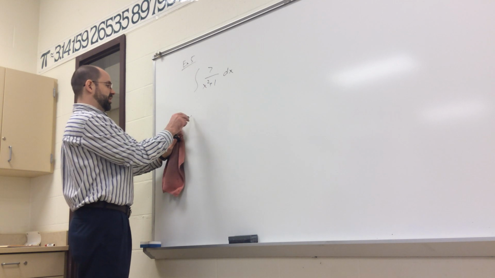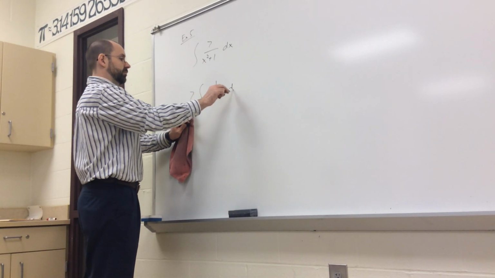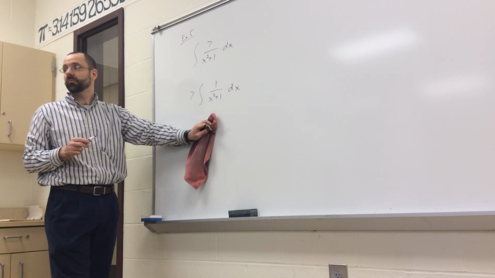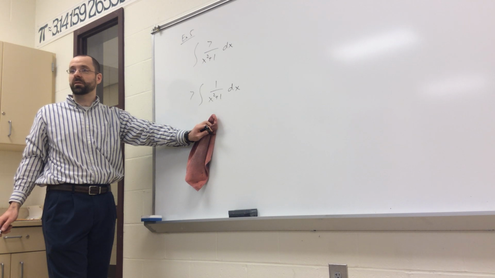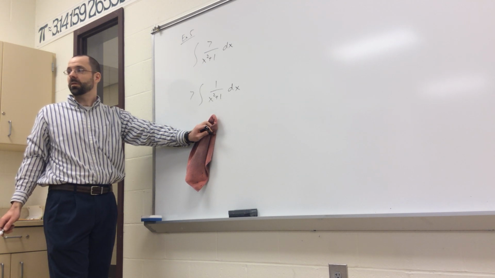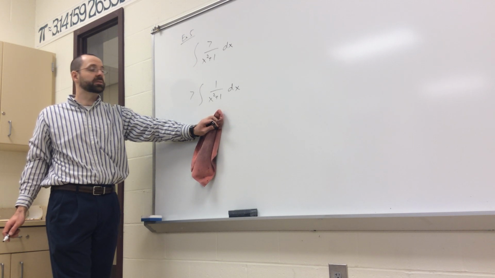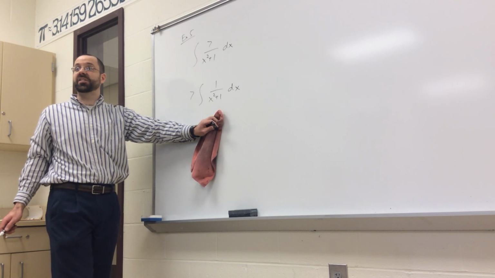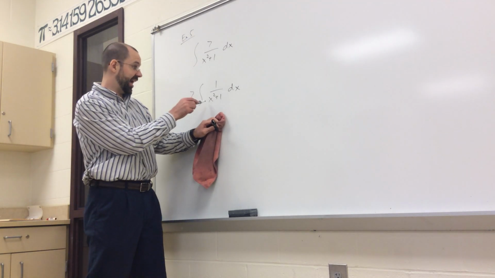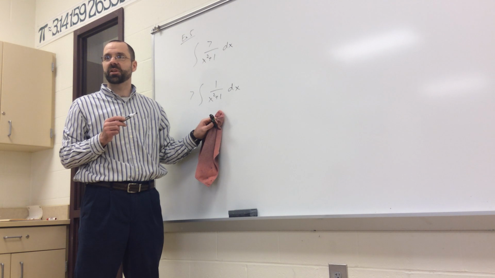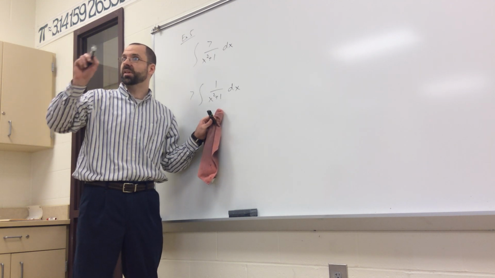Here's what you got to do. Bring the 7 out front. And then what's this antiderivative? Nope, that would be a chain rule. Natural log does not apply because x is to the second power in the denominator. If you did natural log of x squared plus 1, that would be 1 over x squared plus 1, but then times 2x.